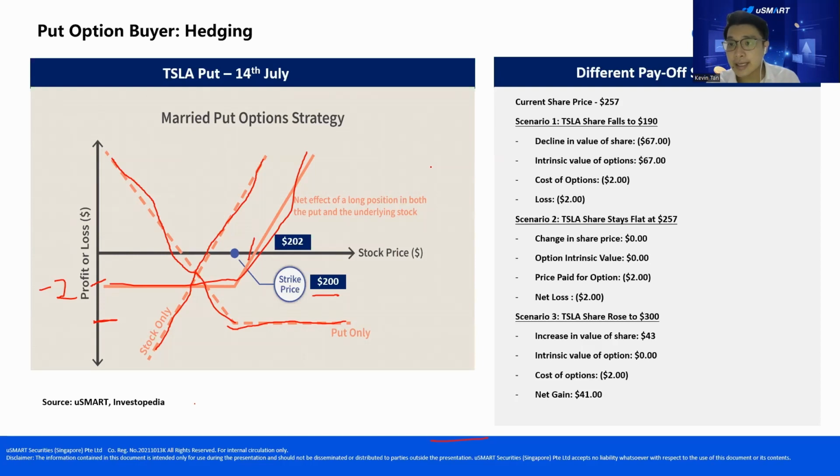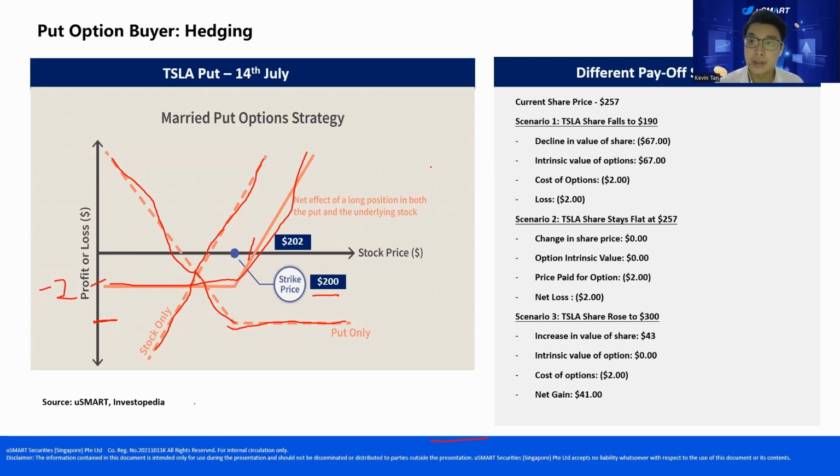Now, the second scenario is: what if Tesla share stays flat at $257? In terms of share price, there's no change, so there's no gain and there's no loss. And in terms of the intrinsic value of the option, it is $0, because although you buy the right to sell Tesla shares at $200, you will not actually exercise it, because the market now is $257.